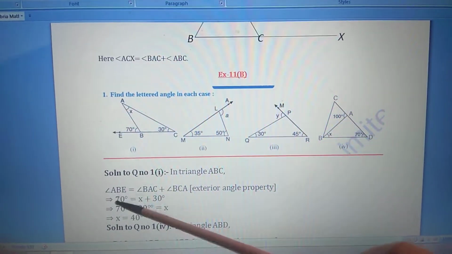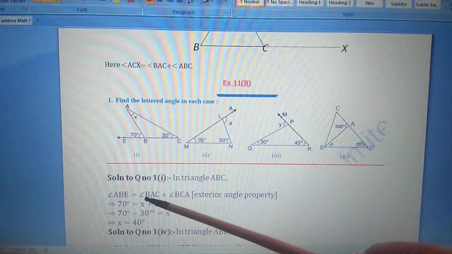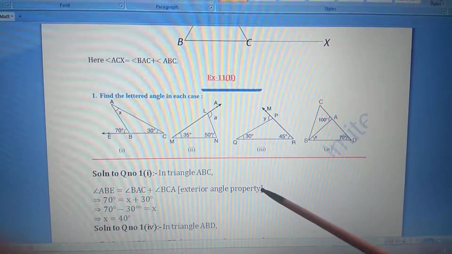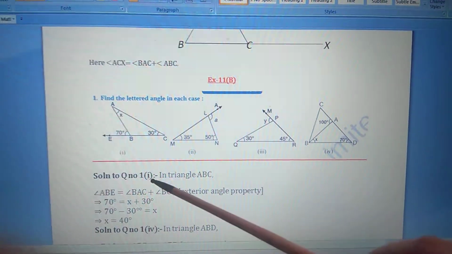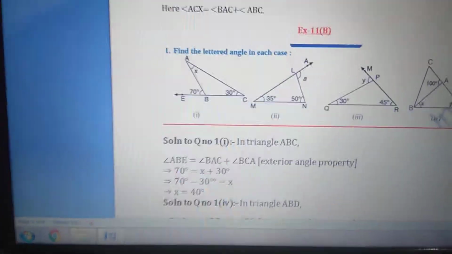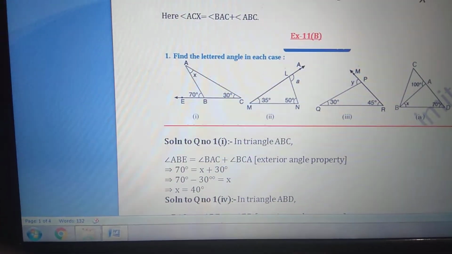So angle ABE equals angle BAC plus angle BCA, which is named the exterior angle property. I placed their respective values and got the value of X as 40 degrees. Parts 2 and 3 of question 1 I have left for you.